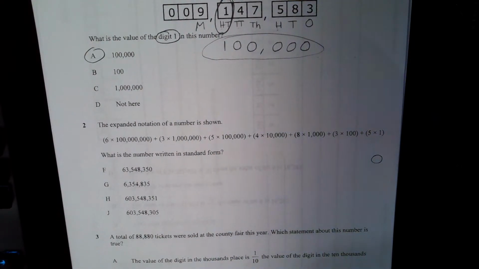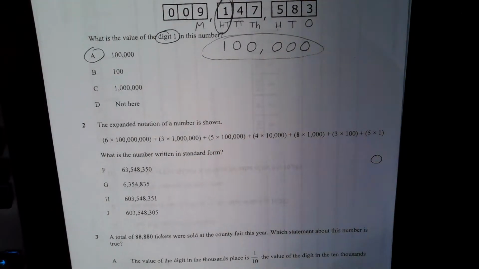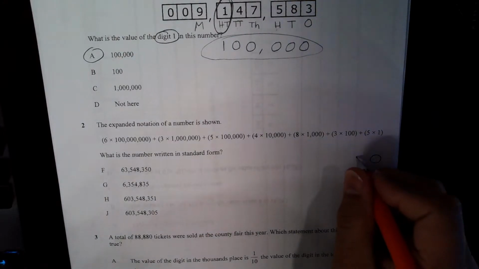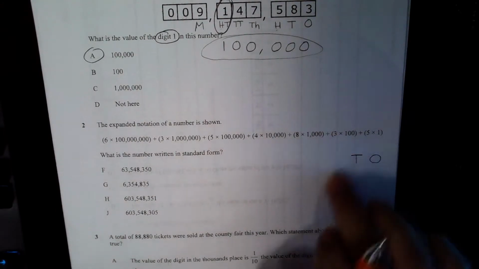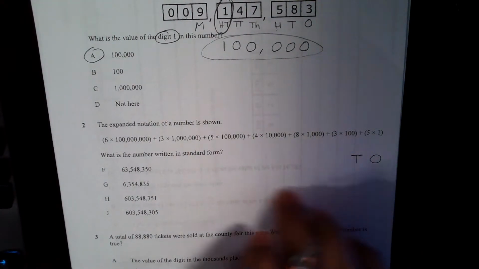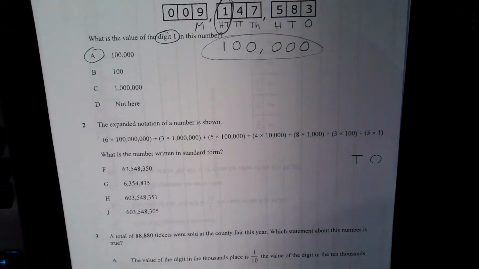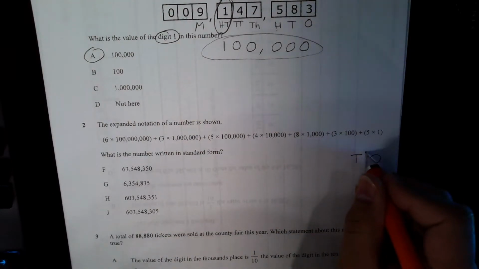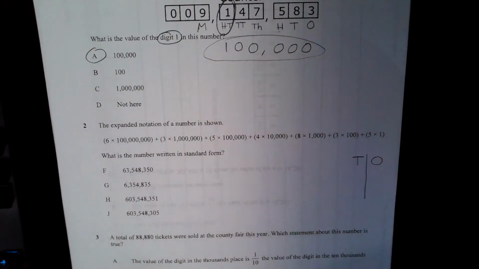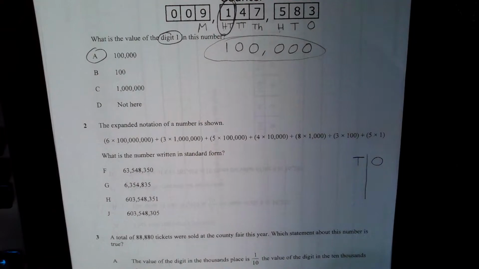What comes after the ones? 10. And again, I'm not going to squish my numbers together. I have the room. I'm going to use it. I'm going to give them a little bit of space. Put a line in between. After the 10, what place value would come next? Bella, what place value would I have next?